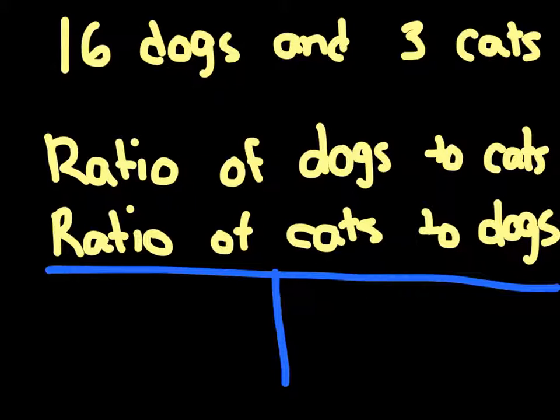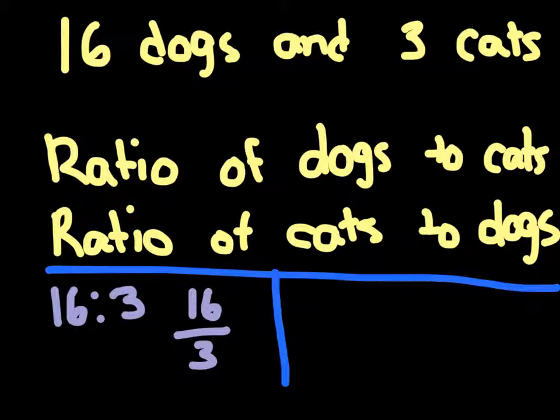We want to find the ratio of dogs to cats. As we looked at in the previous slides, we know that the ratio of anything to anything we could just write as the following. We would do 16 dogs colon 30 cats. Or we could write it as 16 dogs over 30 cats, which is the same thing.